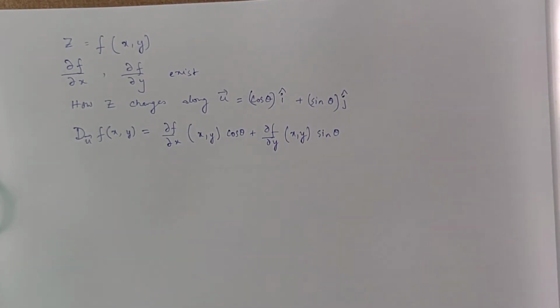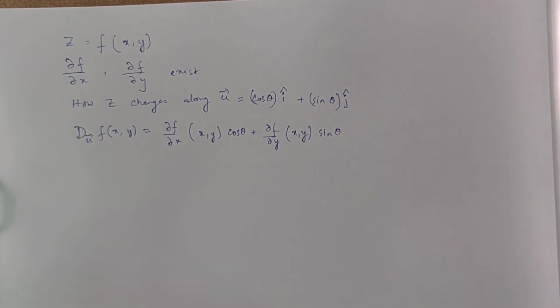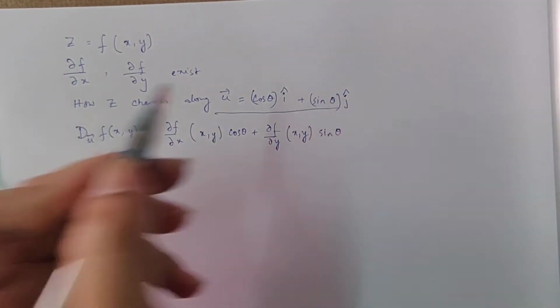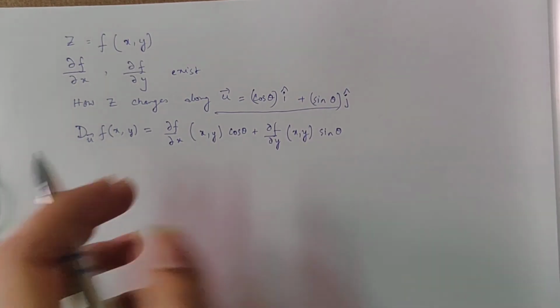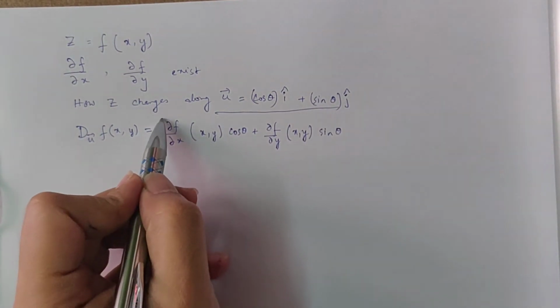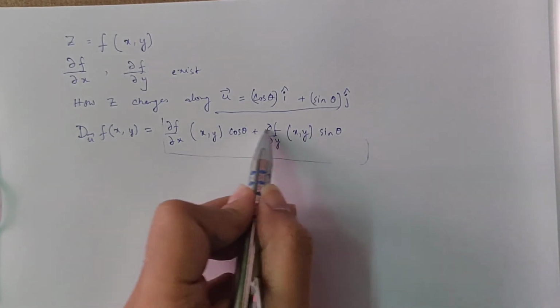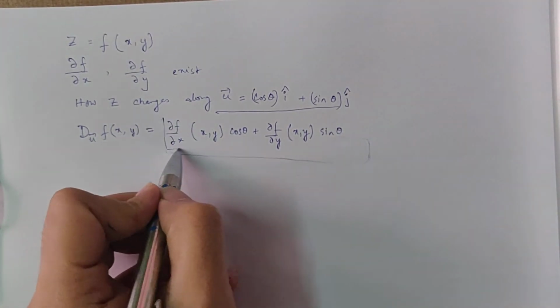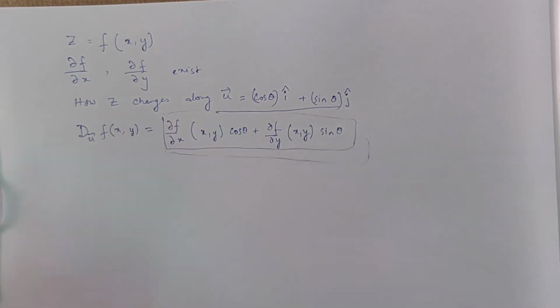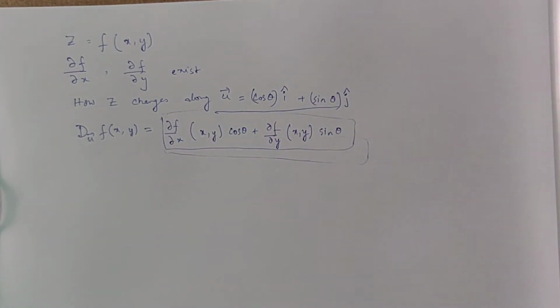Now, I already have got a vector like this. The right side can now be described as a dot product. Just remember the dot product of two vectors. What two vectors?